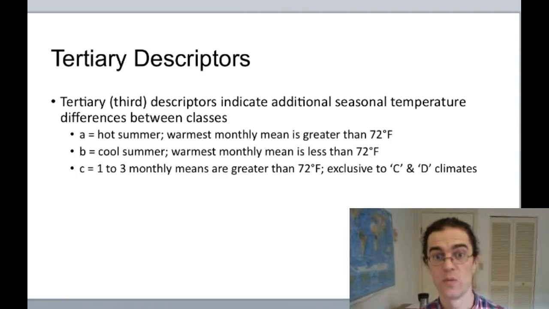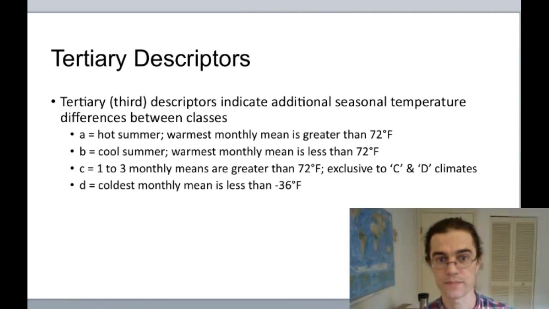And C for 1 to 3 monthly means greater than 72 degrees Fahrenheit, exclusive to the C and D climates. And there are really neat flowcharts in the lab that will walk us very clearly through how to distinguish these. I find that a lot more helpful than seeing it written out in a verbal, bulleted form like this.